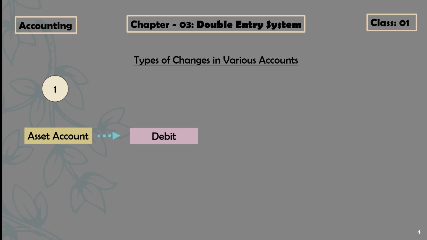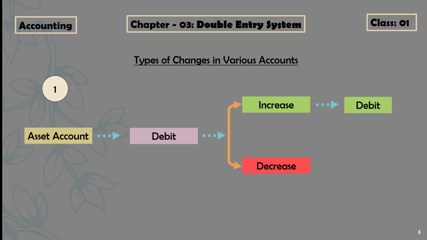This debit account can change in 2 ways: either it will increase or it will decrease. If any asset account increases, then it will be debited, and if any asset account decreases, then it will be credited.